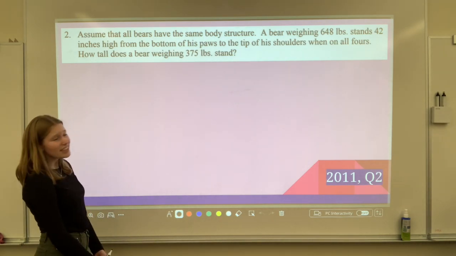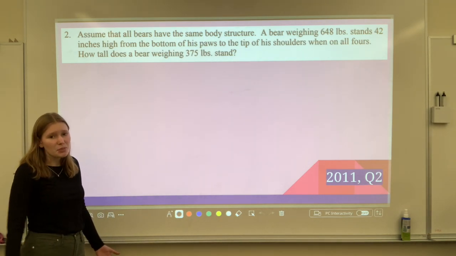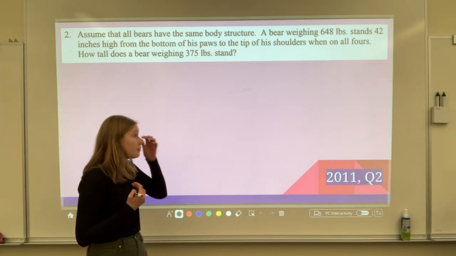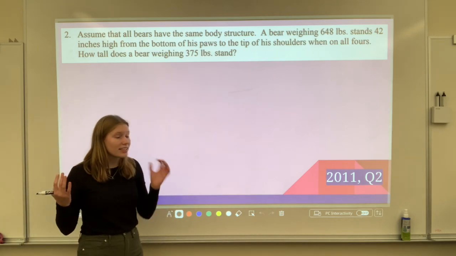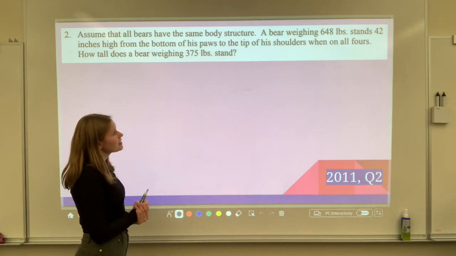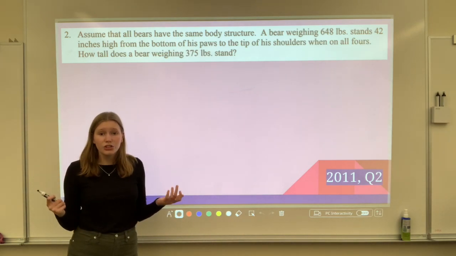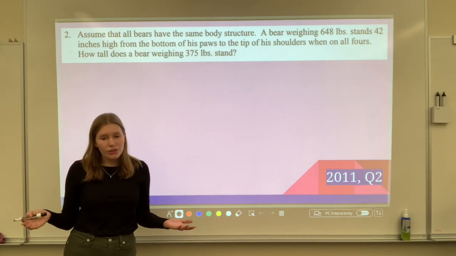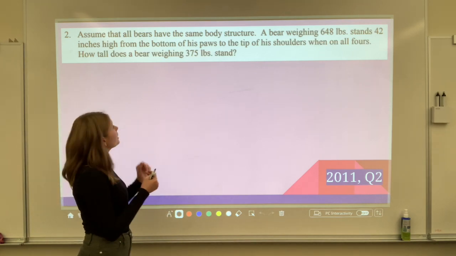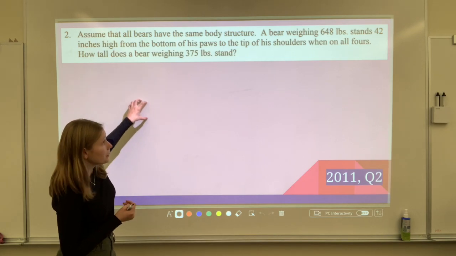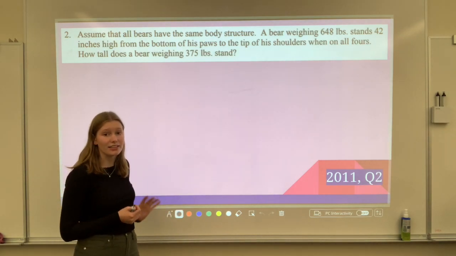So, this is a really strange problem. Conceptually, it's very difficult, or at least I found it to be so. The one key thing in this situation is that you have to realize that pounds is going to be a cubic value. We need to know that information so we can find the scale factor from the bigger bear to the smaller bear to find the height.